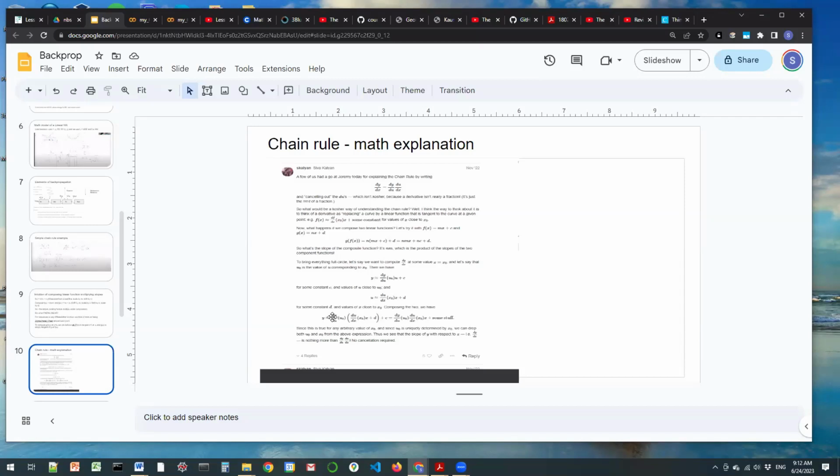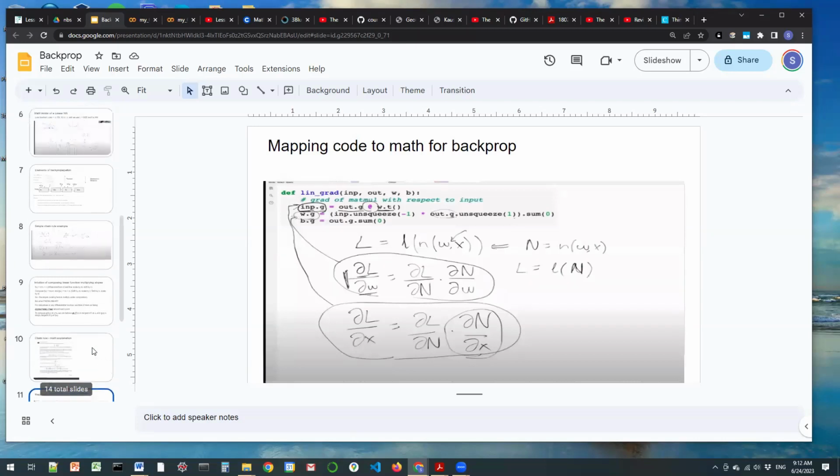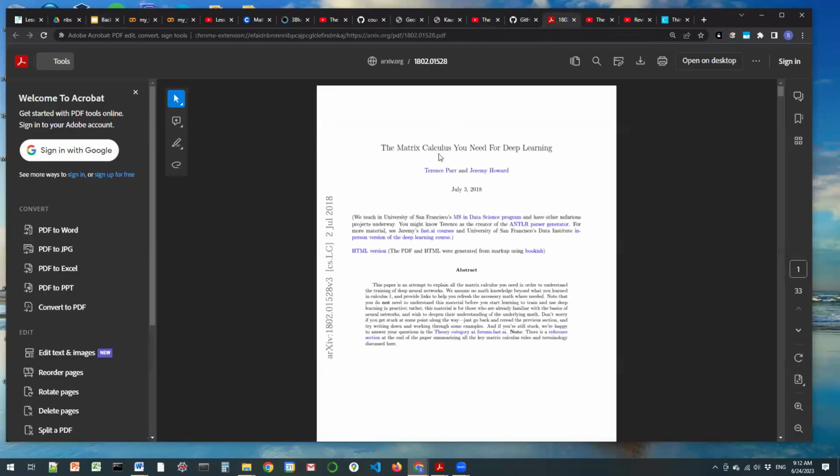And if you're interested in the complexity and working through that and really getting a good grasp of it, there are a few pointers that I'll point you to. One of them is this particular write-up, an excellent write-up by Terence Parr and Jeremy Howard, the matrix calculus that you need for deep learning.